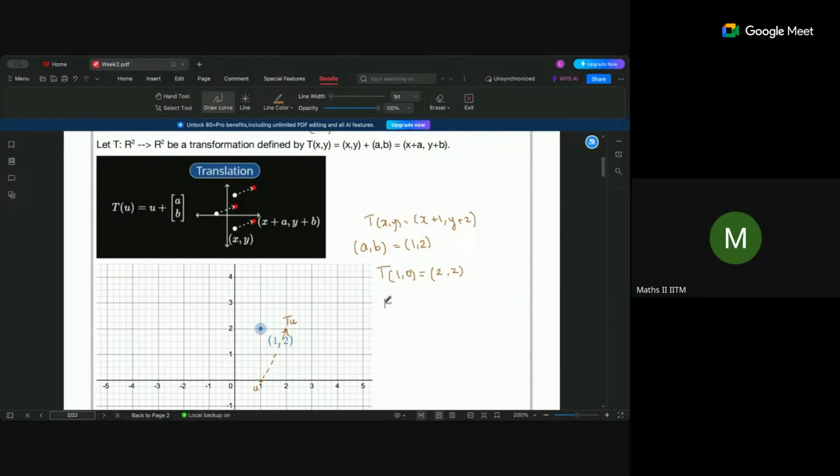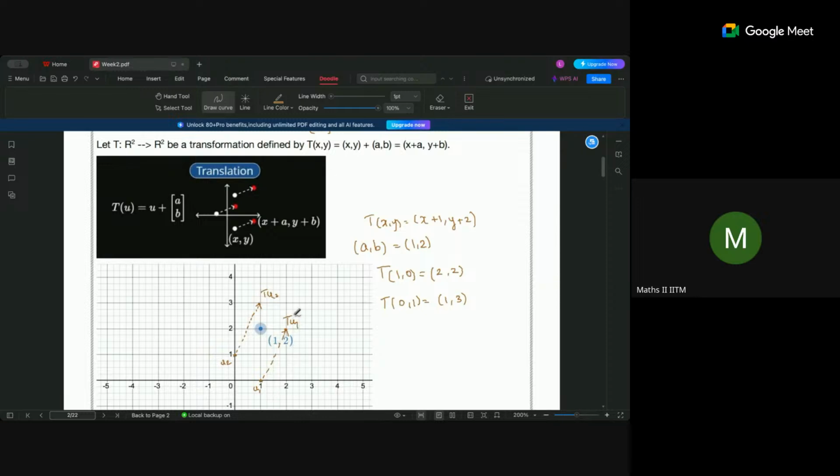In the same way, for example, what about T of 0 comma 1? 1 comma 3. 1 comma 3, right? So you take this point. Maybe this is u1, and let's call this u2. Now this point is mapped to 1 comma 3. So this is your Tu2.